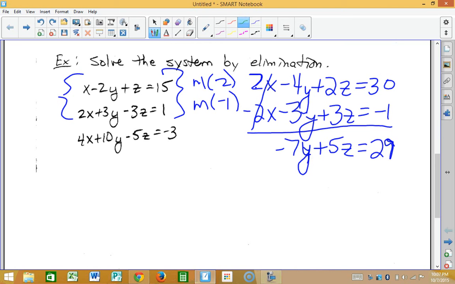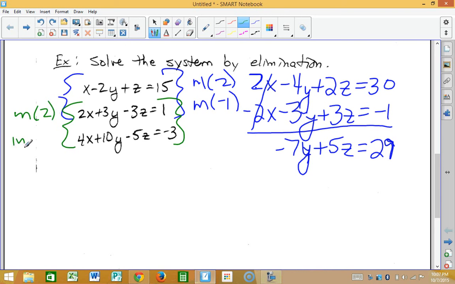So now we're going to do the same thing again, but we're going to do it with the second two equations, and we're going to now try to eliminate x with those. So I'm going to go ahead and multiply again. So the first equation, I'm going to multiply by 2, because that will give me the 4 that you can see here in the third equation.